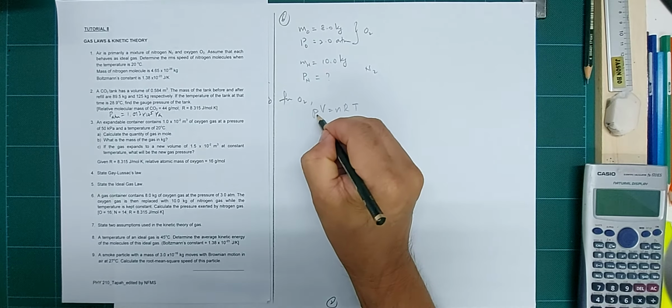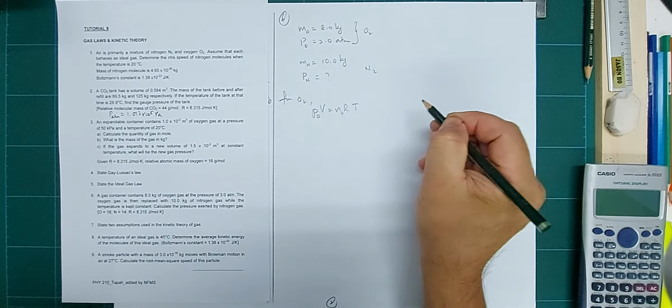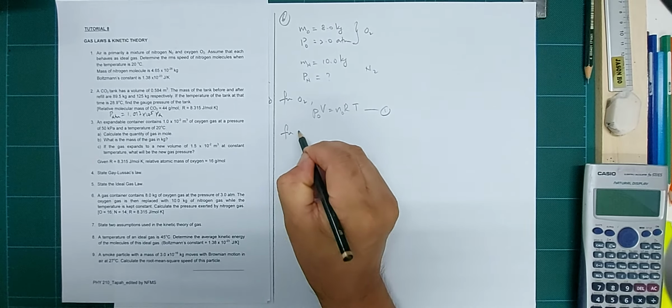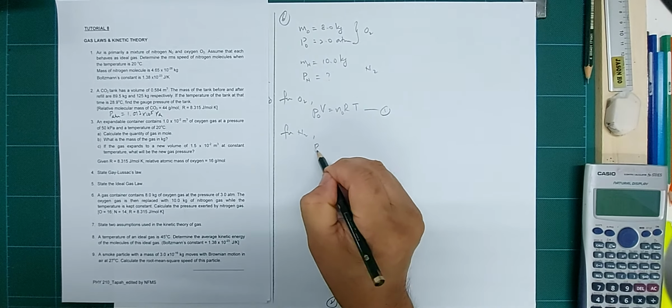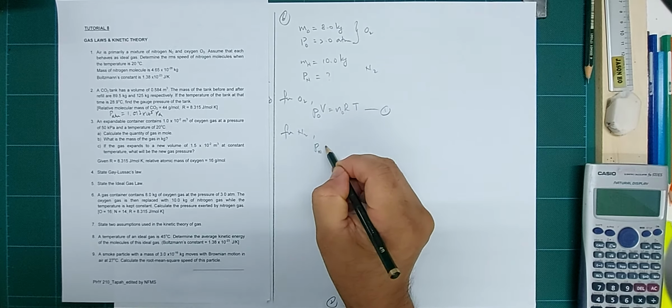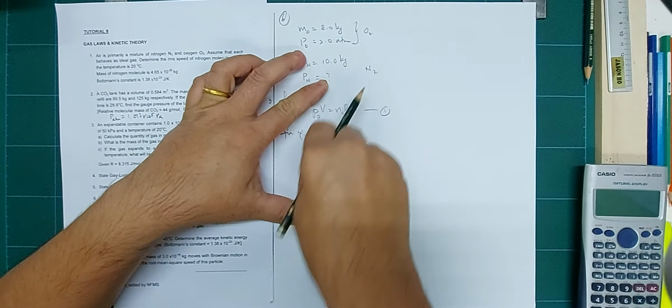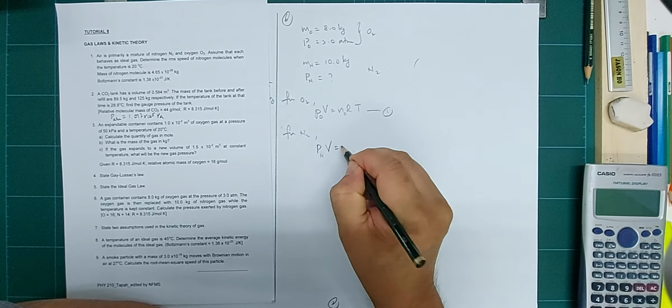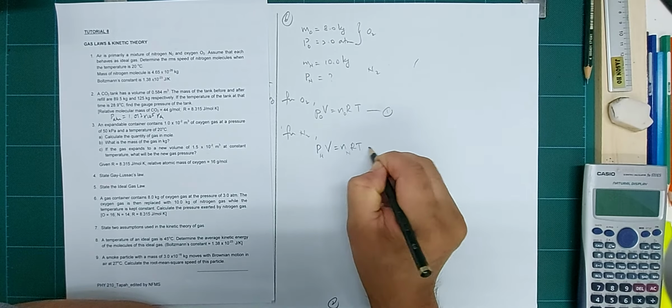So this is the pressure of oxygen, the number of moles of oxygen. The rest are the same. So we have equation 1. And then for nitrogen gas, we have PNV is equal to NNRT, equation 2.